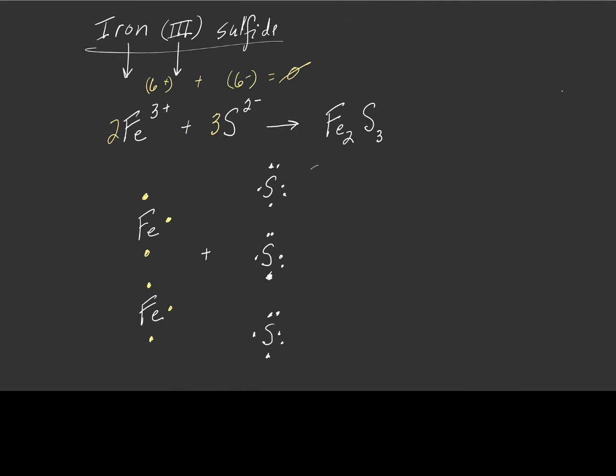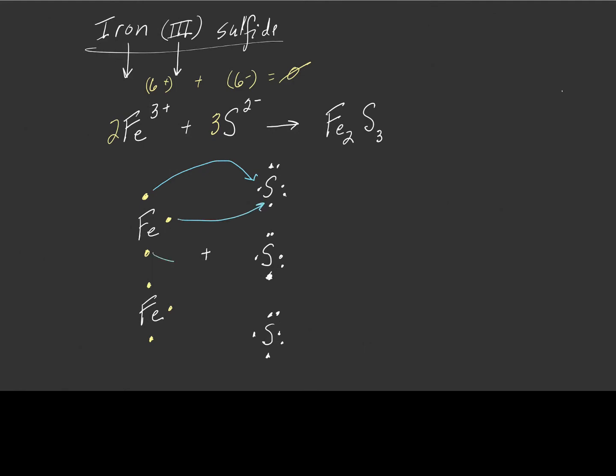So this sulfur right here and this one each are going to take away 2 electrons. This iron here is going to add those 3 somewhere, and this one's going to add those 3 somewhere. Okay. So we can see that an electron would transfer from here to this empty space and from here to this empty space.